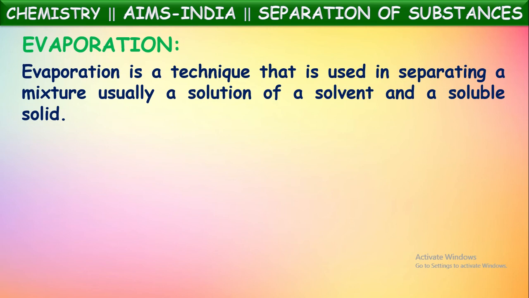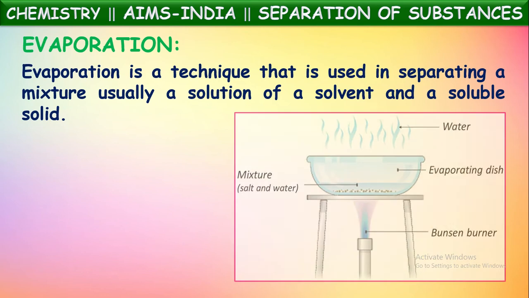It is soluble in water. Such mixtures cannot be separated by filtration. For the separation of those, we use the evaporation method. In evaporation, we can separate a mixture of solid and liquid where the solid is dissolved in the liquid. So this is the technique of separation by evaporation.